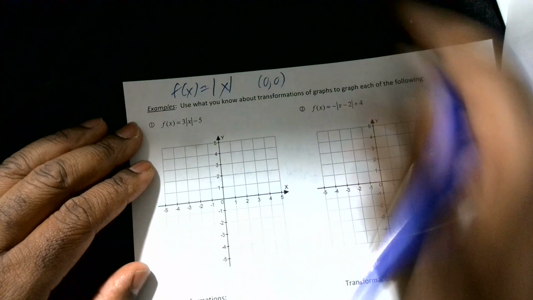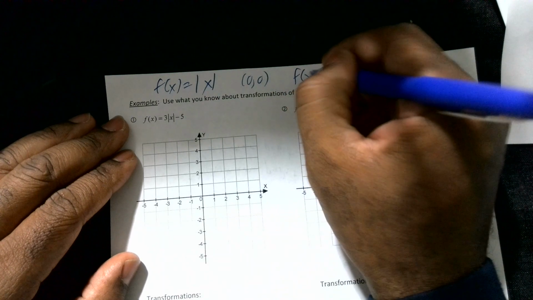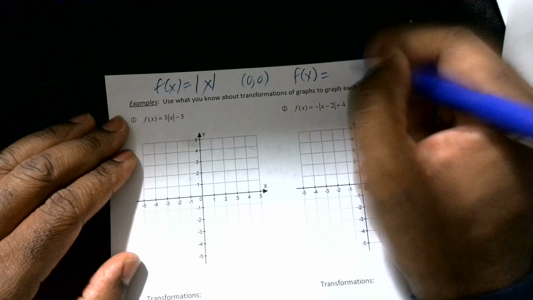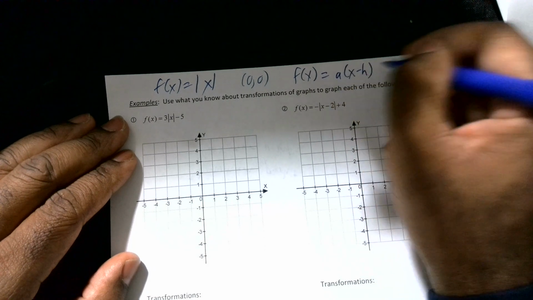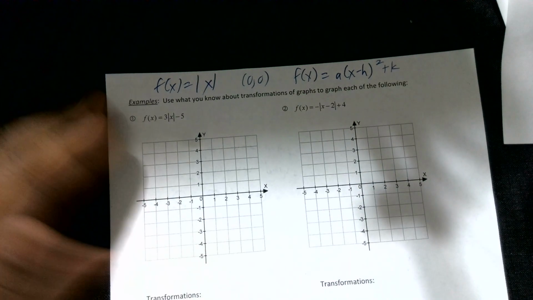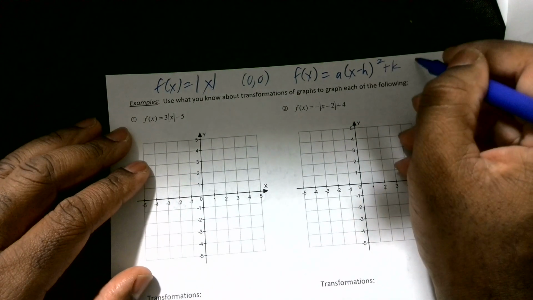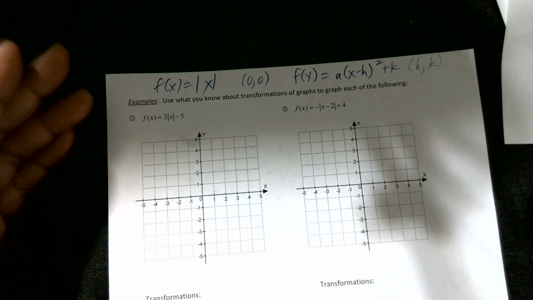Now, one other thing I need to show you all is this here. When we were trying to find a vertex, remember we had f of x is equal to a times x minus h squared plus k. Then our vertex or our initial point would be h, k.